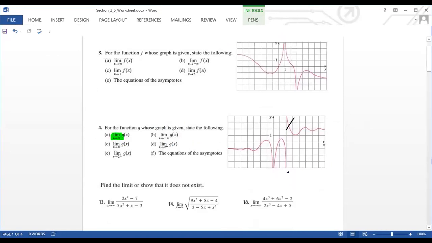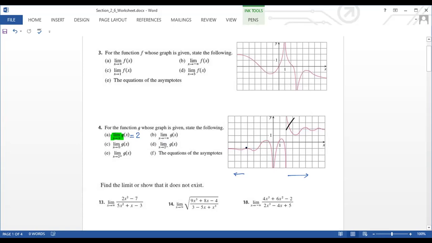That means x goes in this direction. When x approaches infinity, the red function goes where? It goes very close to 2.